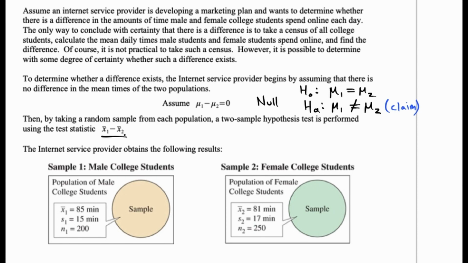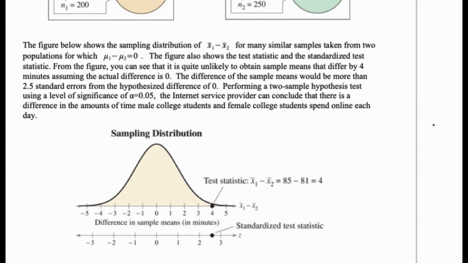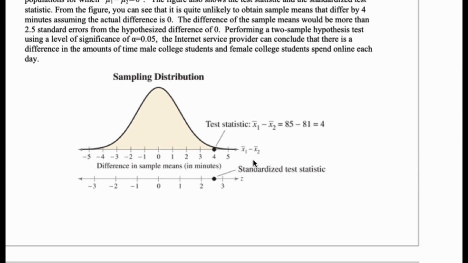We want to subtract them and get a difference between the sample means, and we would use that in our hypothesis test. What's shown here is the sample mean came out having a difference of 4. They started off with the null being that there is no difference.